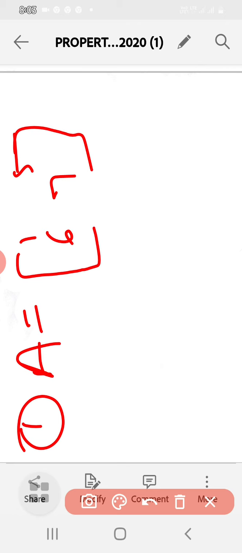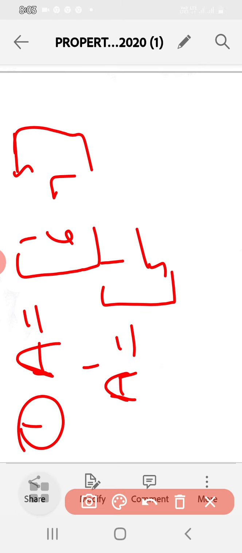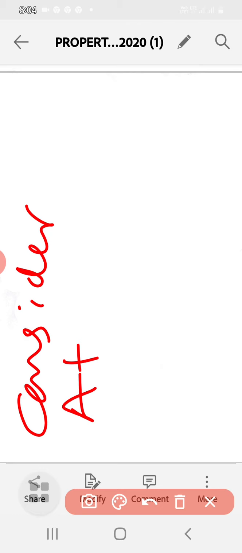Let us consider the transpose here. A dash is equal to, rows and columns must be interchanged here. This is the transpose of the given matrix. Now what we have to find out? We have to find out A plus A dash. In the next step you consider A plus A dash.